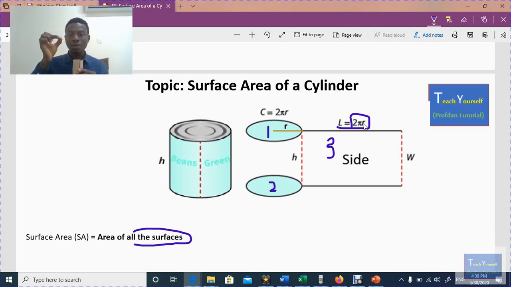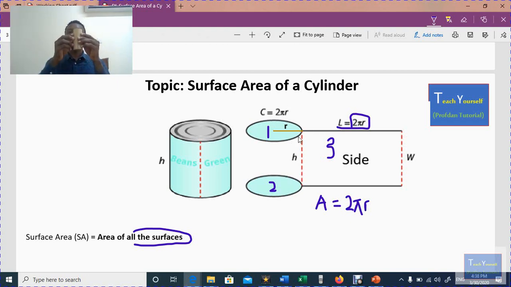Remember, circumference of a circle is the total distance covered by the circle, which is 2 pi r. So the area of part 3, which is this curved part, is definitely length times the width. The length in this case is 2 pi r times the width, and our width is the same thing as the height of the cylinder.